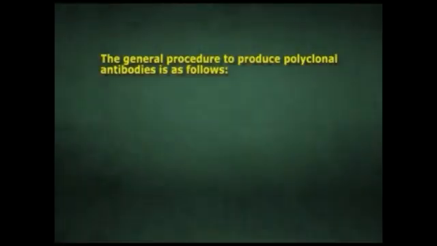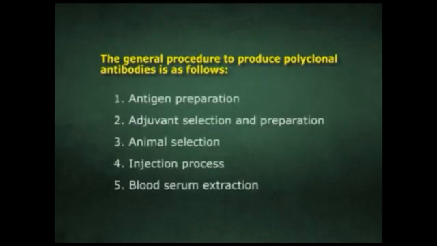The general procedure to produce polyclonal antibodies is as follows. First is antigen preparation, second is adjuvant selection and preparation, third is animal selection, fourth is the injection process, and fifth is blood serum extraction.